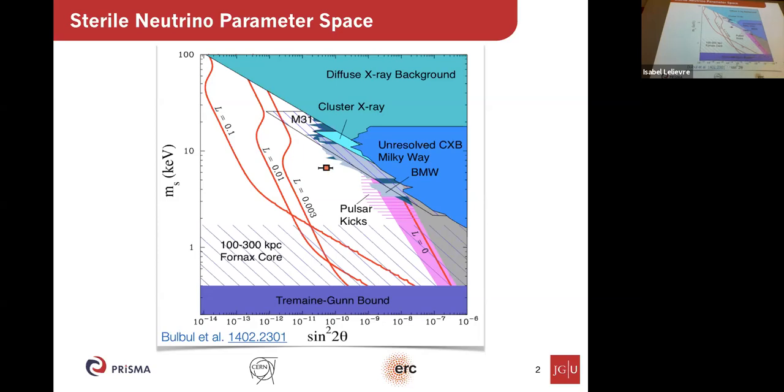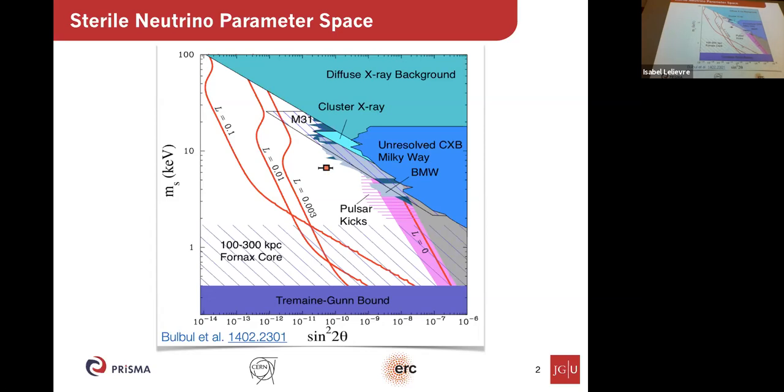There would just not be enough phase space to pack as much dark matter into these regions as you need in order to satisfy, for instance, the observations from galaxy rotation curves and so on. And that's what's called the Tremaine-Gunn bound. One can argue about the exact location of this bound. There are some astrophysical uncertainties, but the idea is that anything below 100 electron volts is pretty firmly excluded by this.